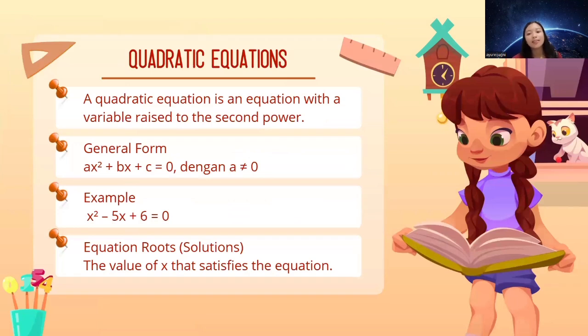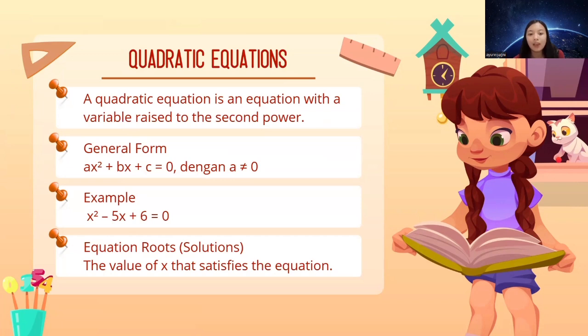Now, please look at the screen carefully. A quadratic equation is an equation where the highest power of the variable is 2. Ax squared plus bx plus c equals 0.